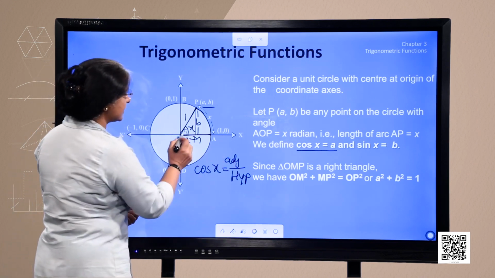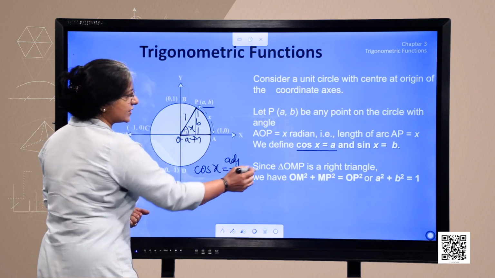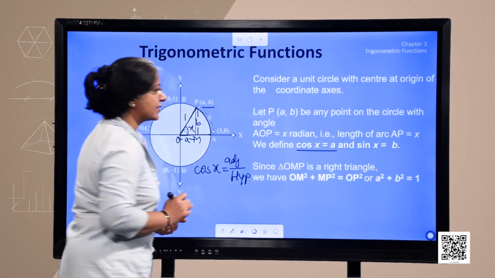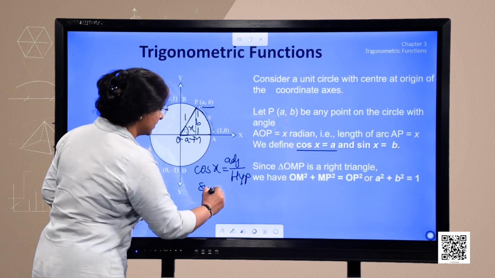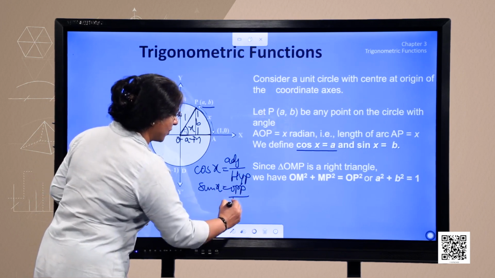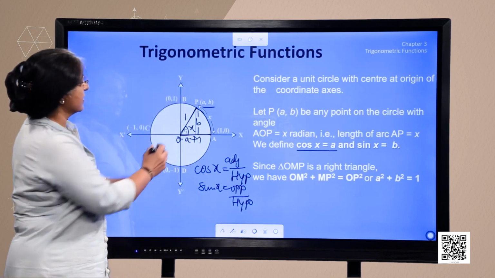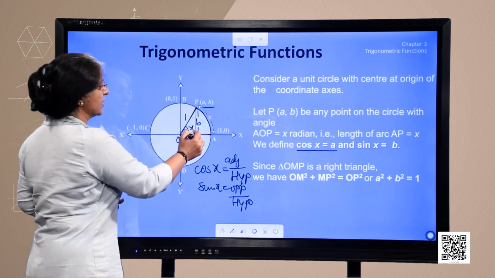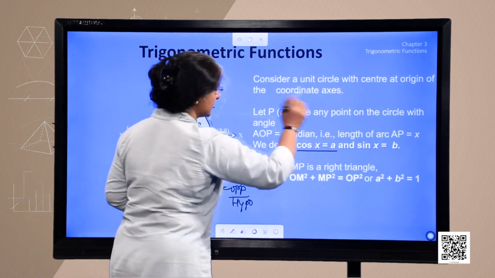So, cos X is A. And sin X is B because sin X is opposite side upon hypotenuse, and the opposite side to the angle is B, and the hypotenuse is 1, therefore sin X is B.